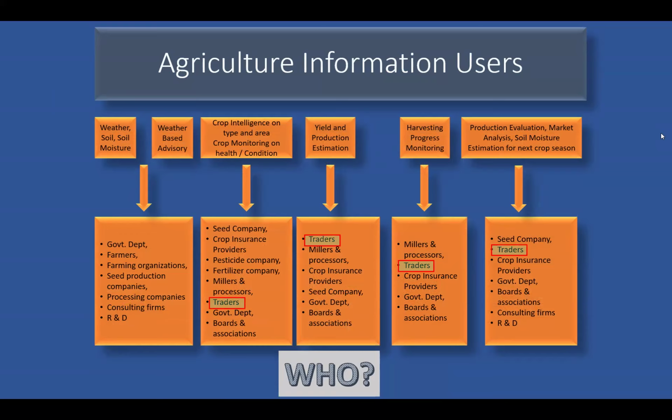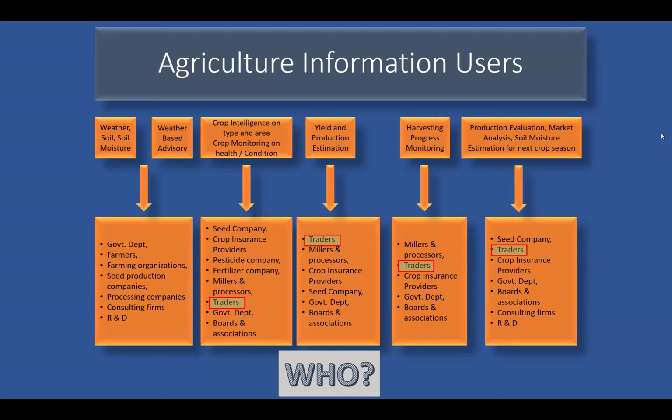For example, a trader wants to know how the crop sowing has happened this year. If he is a trader of paddy, then he wants to know how much area is grown, where it is grown. Then he also wants to know the health of the crop. Because if the health is going down, he will book less. If the crop is performing well, he will book more produce.